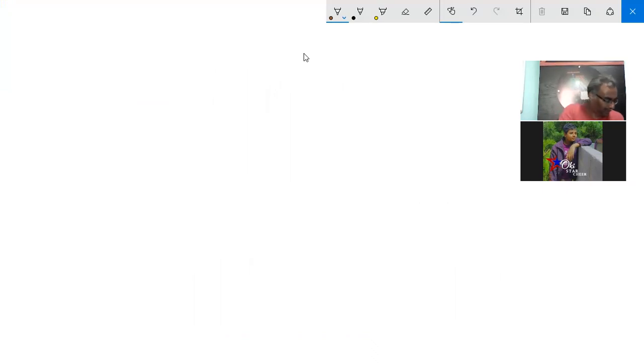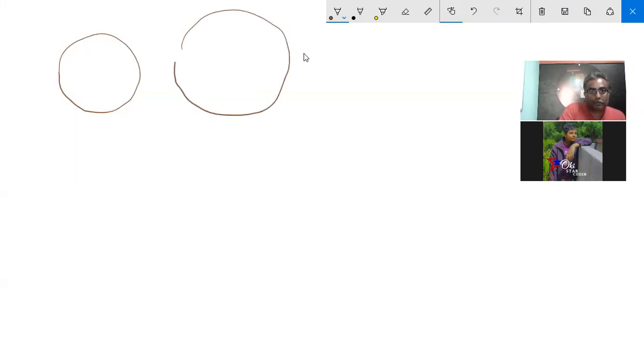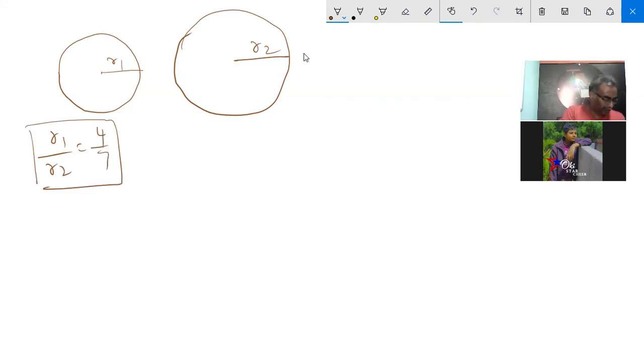Okay, ratio of radii of two spheres. Let us say this is sphere 1. Let us say this is sphere 2. This is R1. This is R2. So the ratio of radii of two spheres, R1 by R2, is equal to 4:7. This is given. Find the ratio of their volumes.